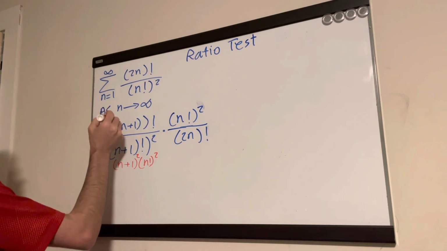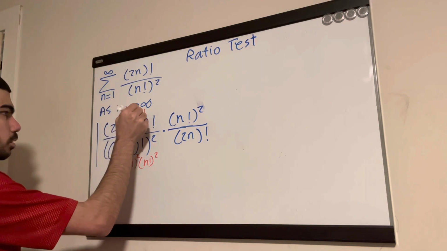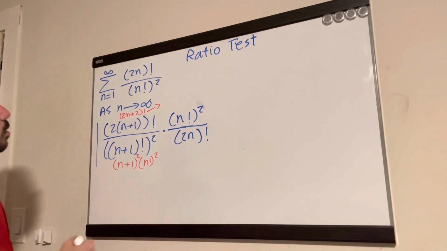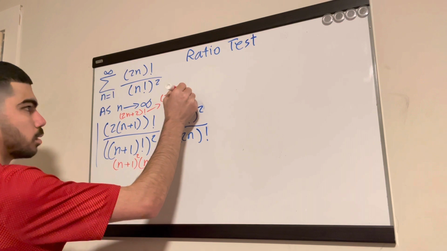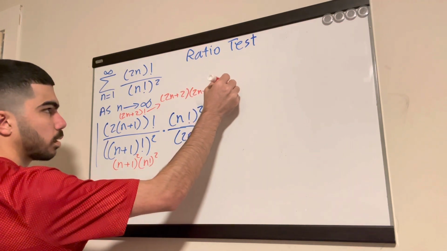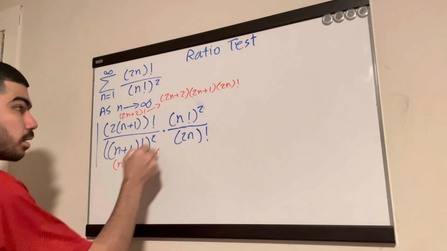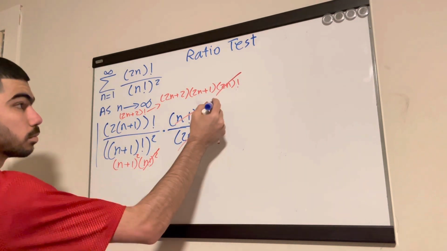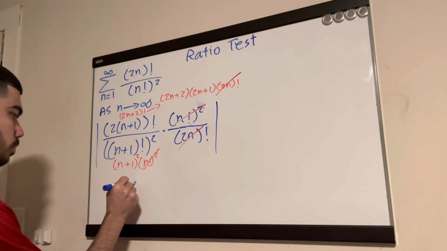And this one equals basically (2n plus 2)!, which is (2n plus 2) times (2n plus 1) times (2n)!. So guess what happens? It's a beautiful thing. Cancel out. Cancel out.